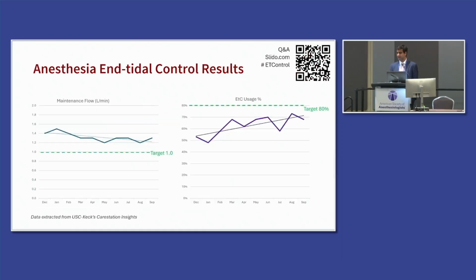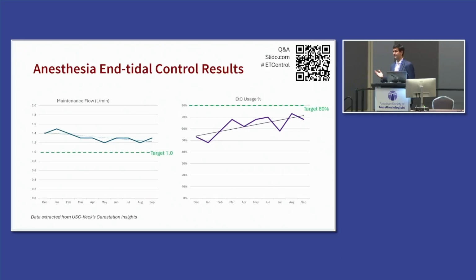As we started to do it, we wanted to also show the data. For us, the data started to come back starting in December with Care Station Insight, so I don't have data beforehand. But as you can see, we started to reduce our maintenance flow rate from what used to be 2.1, 2.2s, slowly coming down with time.